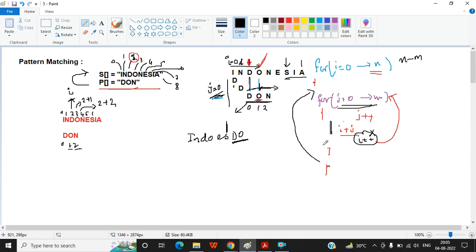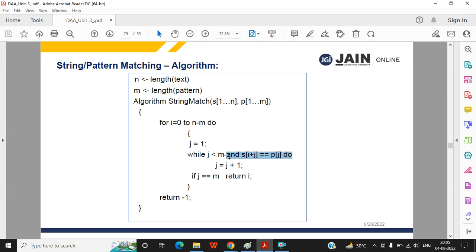Since they are using a while loop, if you use a for loop or anything, you can use an if statement inside this loop, or you can club the condition along with the length condition. So what is the condition? See here, S of i plus j will be equal to the jth element.